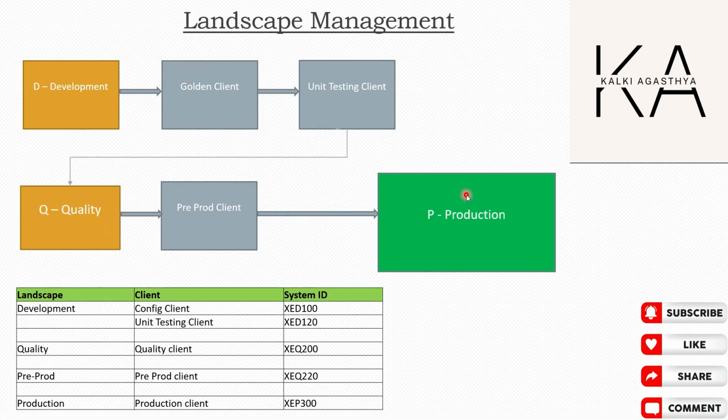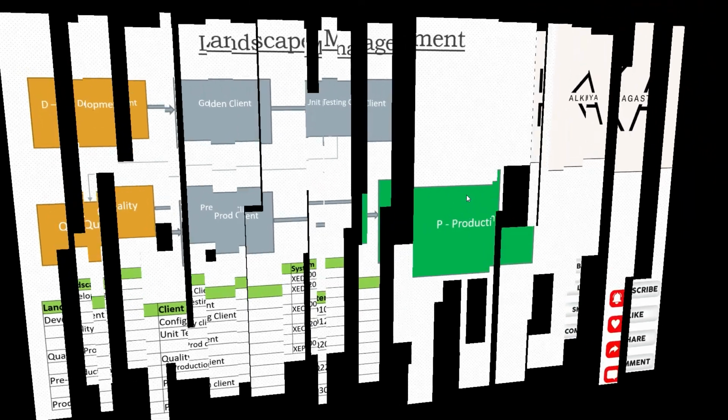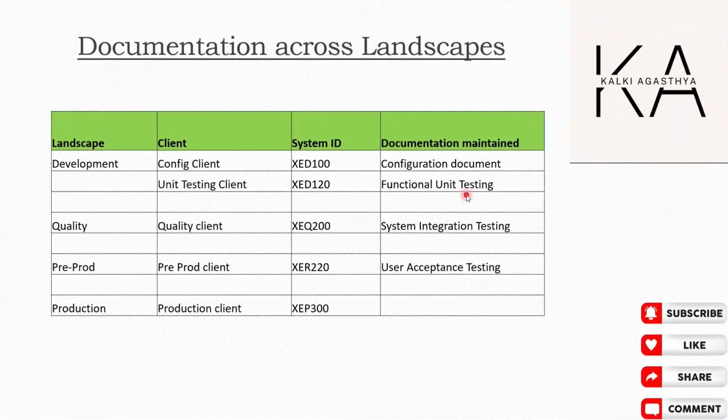Now let's try to understand the documentation process, which is mandatory to be maintained across the landscape in order to move the changes from the development system to the production system. Generally we maintain a configuration document in case of any standard configurations in the golden client.